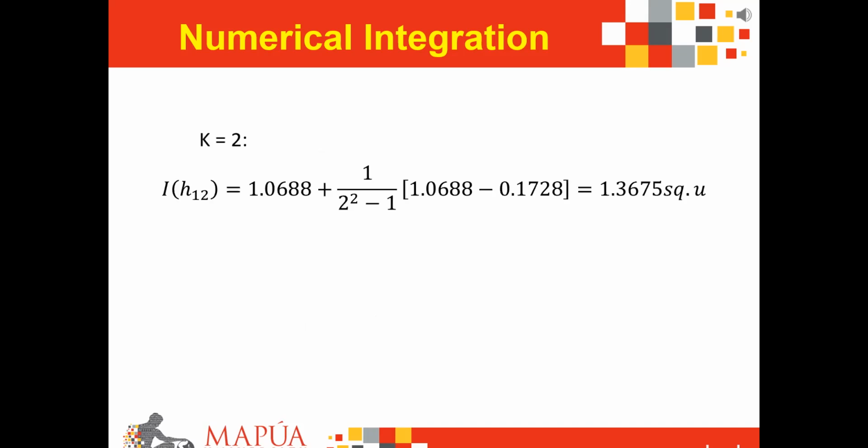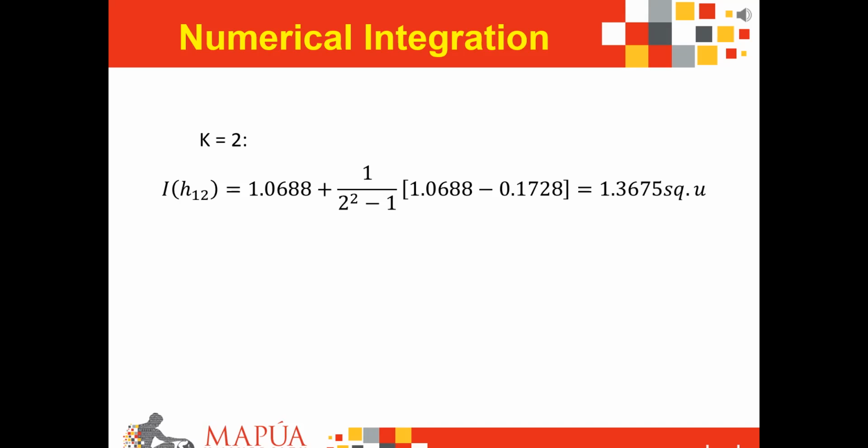More accurate, of course, is 1.0688 plus 1 all over 2 raised to k, which in this case is 2, so 2 raised to 2 minus 1, multiplied with the more accurate integral estimate minus the less accurate integral estimate. 2 squared is simply equal to 4, so that would mean 4 minus 1. This would simply mean 1/3.